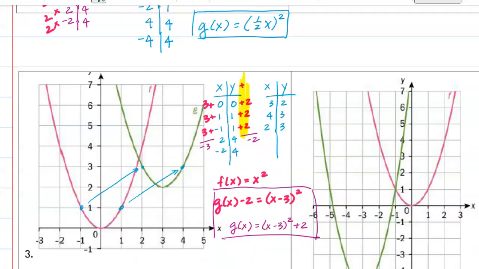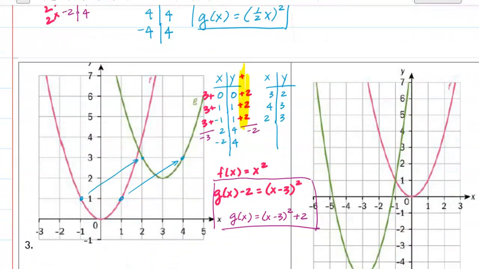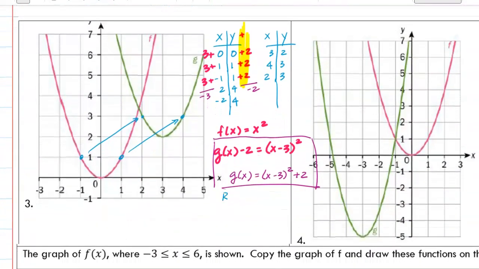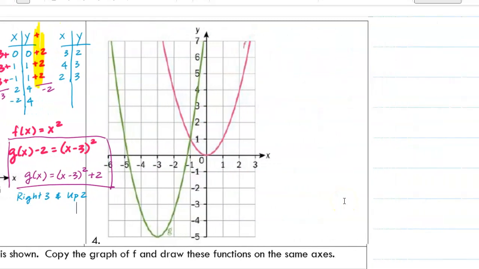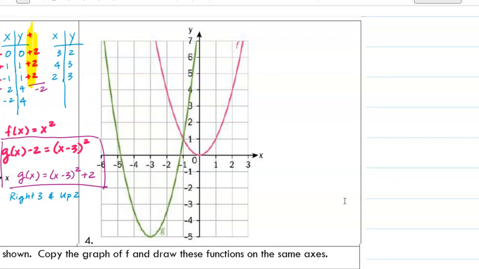And this function, we moved it right 3 and up 2. Okay. Let's do the next one.